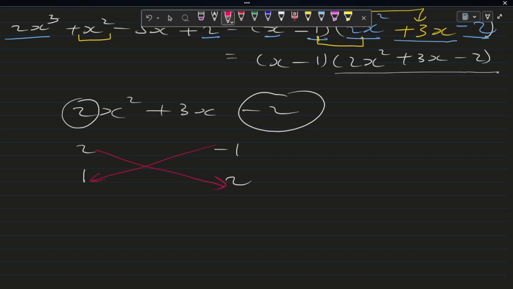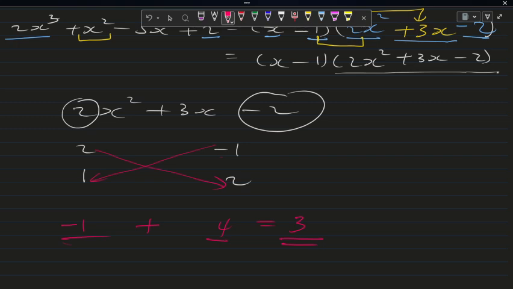Then we cross multiply. It will be negative 1 times 1, which gives us negative 1, and 2 times 2, which gives us positive 4. Then we add these two values and see what value we get. Negative 1 plus positive 4 gives us positive 3.